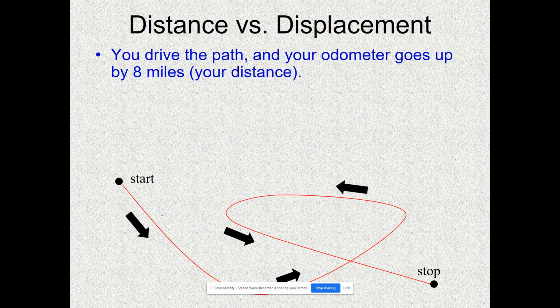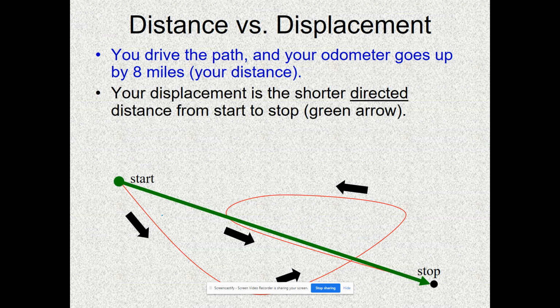Okay, let's go over this in graphic form here. Let's say you're in a car and you travel along this red line. Well, your odometer is going to click off in your car, and it's going to tell you how far your car has rolled. And let's say it says it rolled 8 miles to get from the start to the finish. That is the distance.